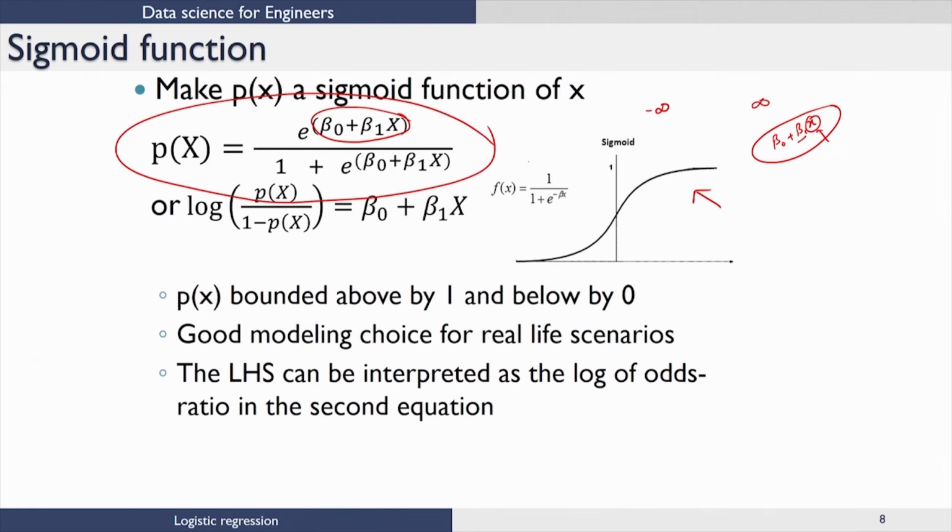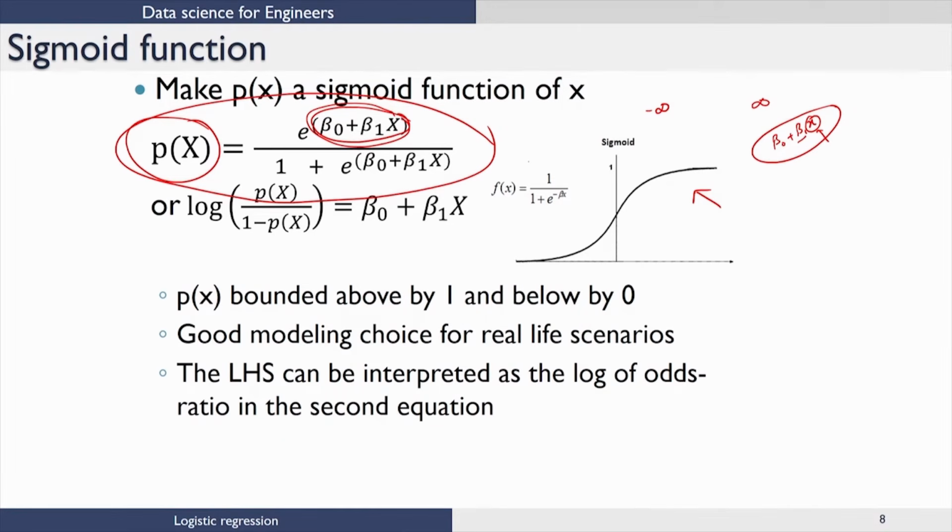So, now from the equation for the hyperplane, we have been able to come up with a definition of a probability which makes sense, which is bounded between 0 and 1. So, it is an important idea to remember.